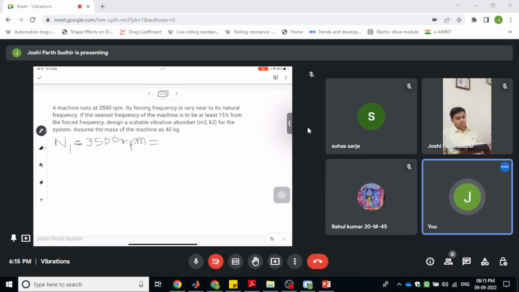So the natural frequency omega 1 for the machine is 3500 into 2 pi by 60 in radians per second.